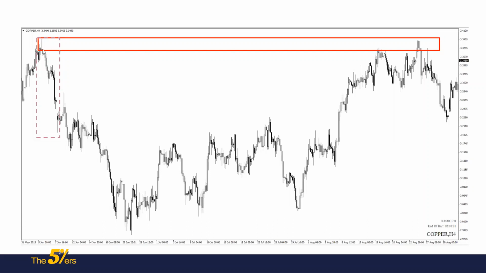It can be very quick, and I will show you that, and it can be very late in the future. But bear with me on that. Don't consider time, just consider if the decision level was never tested before, it will provide a high probability reaction, not yet a reversal, but a reaction.